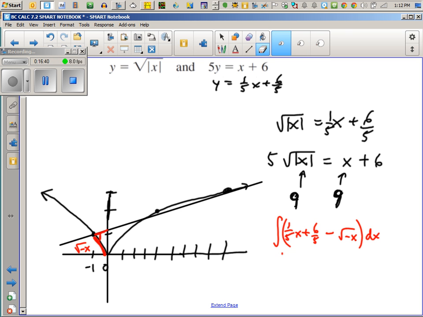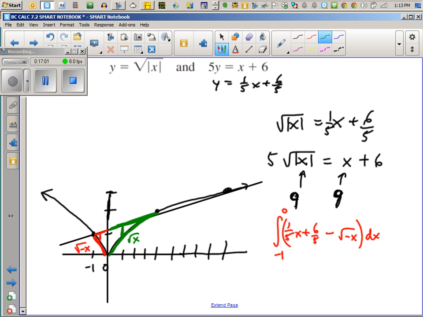Not -10, 0. -1, 0. Okay. When I get to the y-axis, I'm going to switch my mind. I'm going to still treat the line as the upper curve, but the lower curve is now root x. See? So your little rectangle standing up in this space.